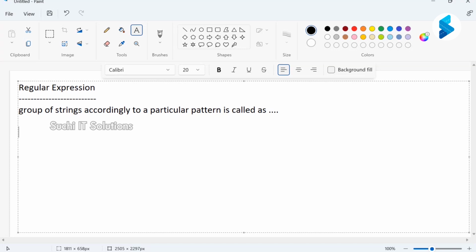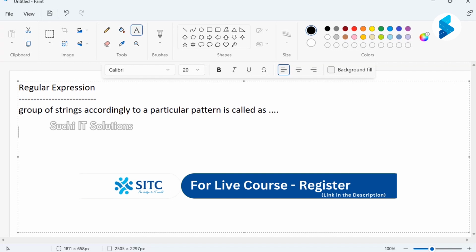The main application areas of regular expressions are: we can implement validation mechanisms, and we can develop pattern matching applications.